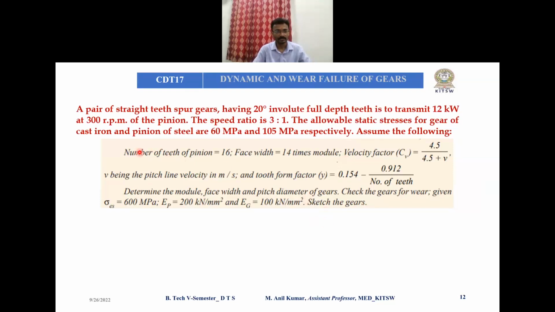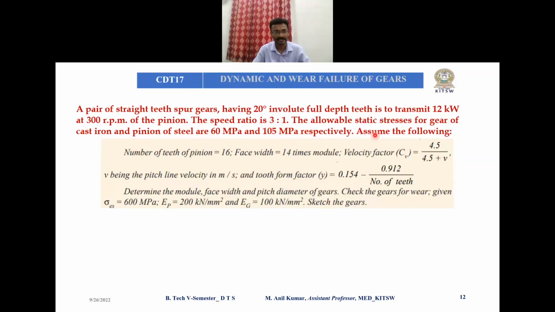Coming to the numerical problem based on the learned things. Here is a question. A pair of straight spur gears having 20-degree involute full depth teeth is to transmit 12 kilowatt at 300 rpm of pinion. The speed ratio is 3:1.